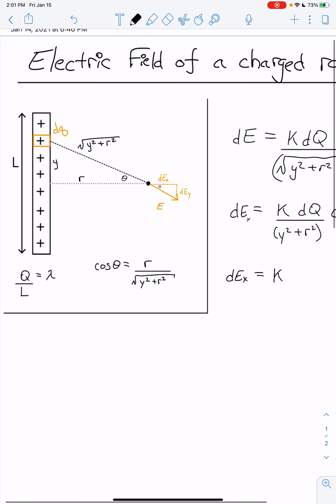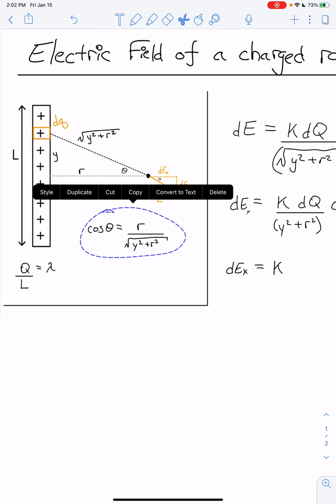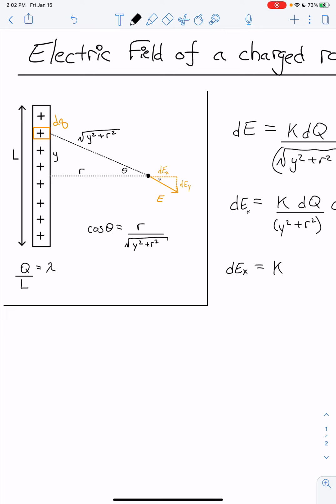Well, what is dq? Our dq is going to be our lambda times some dy. So really, let's just shift our angle equation up a little bit. And we're going to write this out.